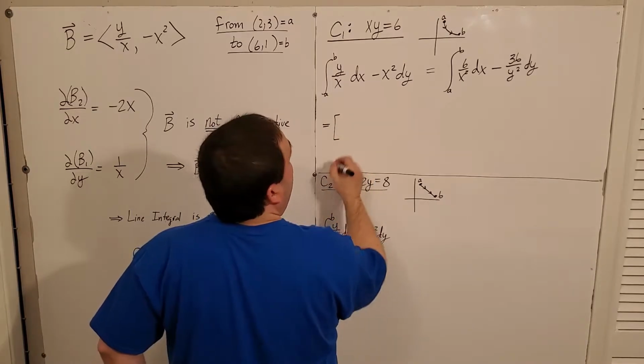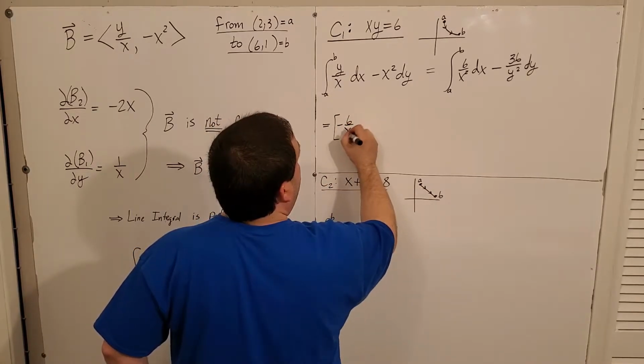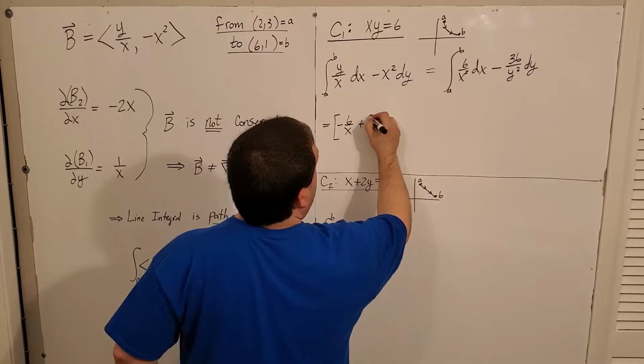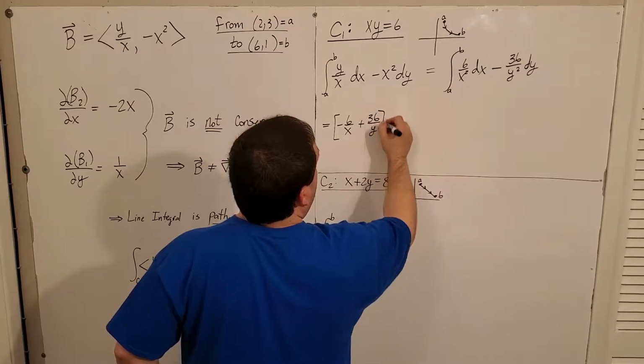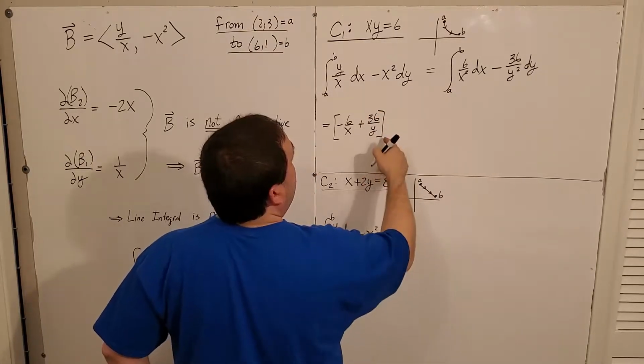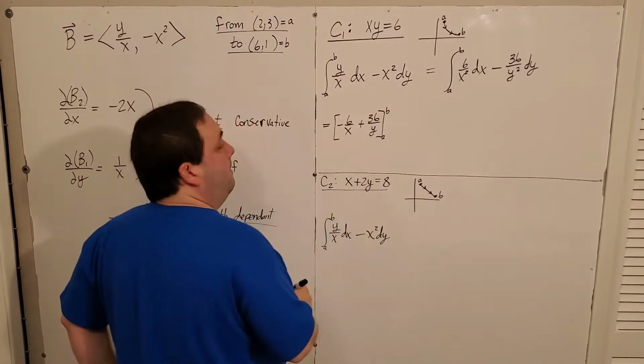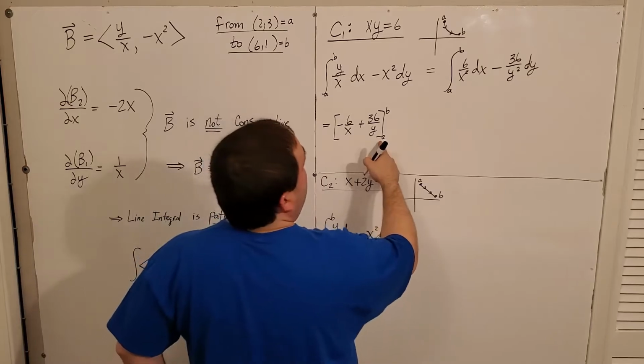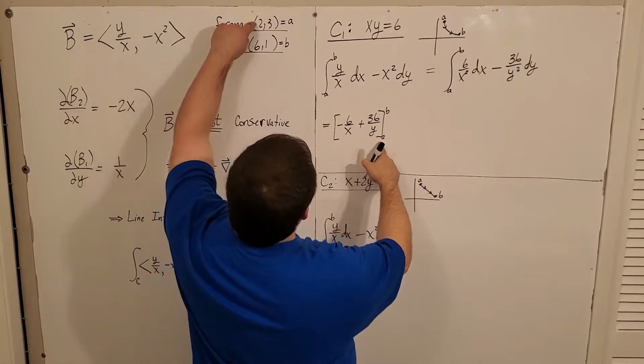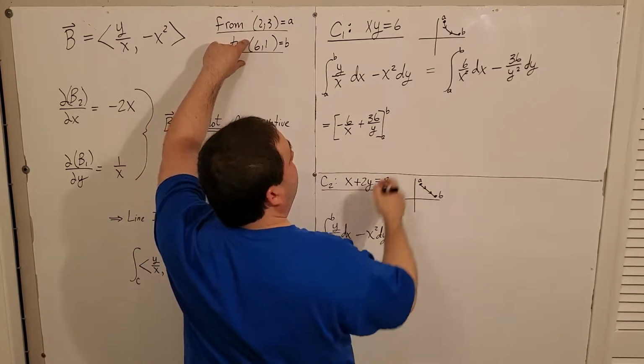I'll be evaluating negative 6 over x plus 36 over y from the points A to B, right? But point A is the point (2, 3), and point B is the point (6, 1).